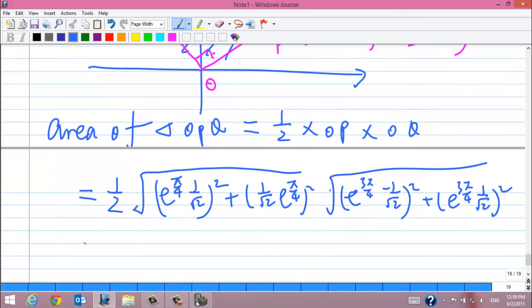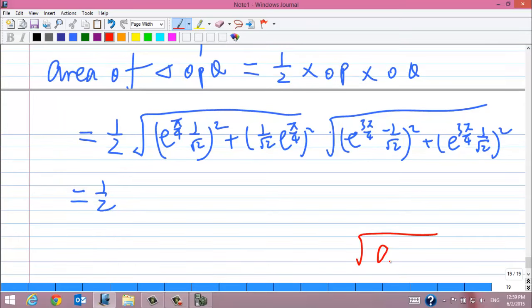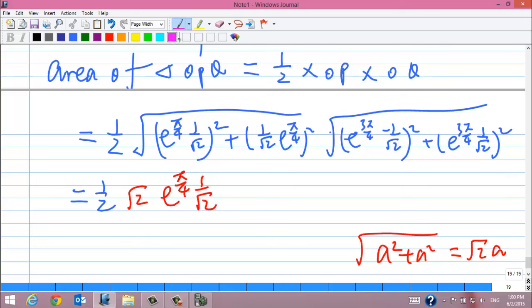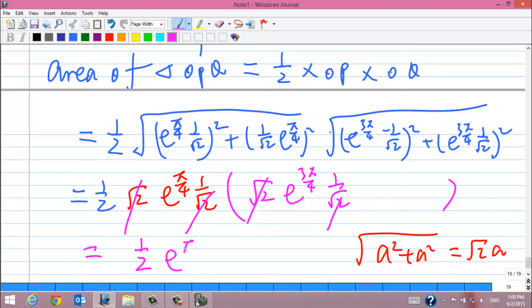Now we can simplify. We're using this concept: the square root of a squared plus a squared, if a is positive, is root 2 times a. So here it's root 2 times a, and the second part is also root 2 times a, taking the positive one. After that, you can cancel, so the area will be half e power pi.